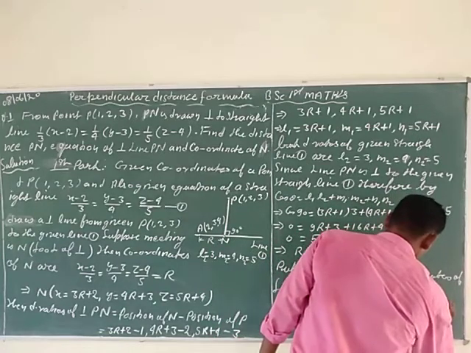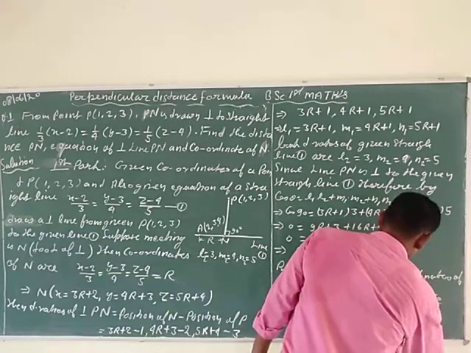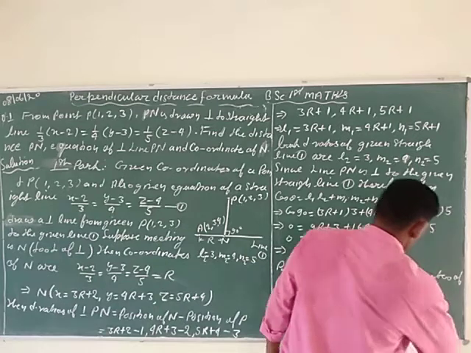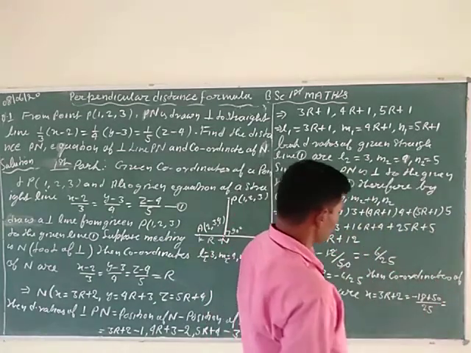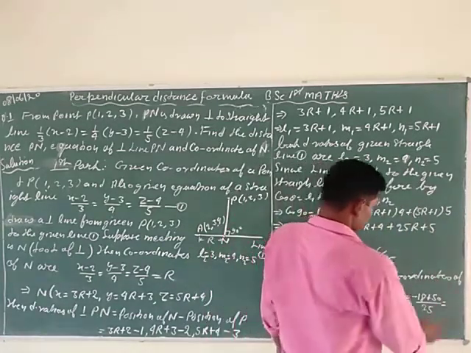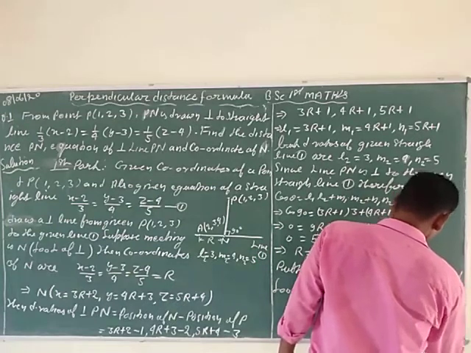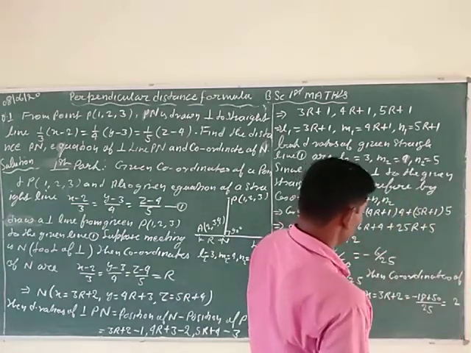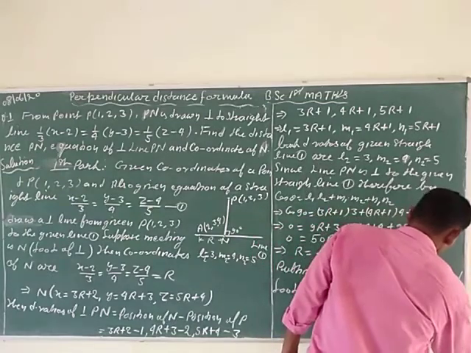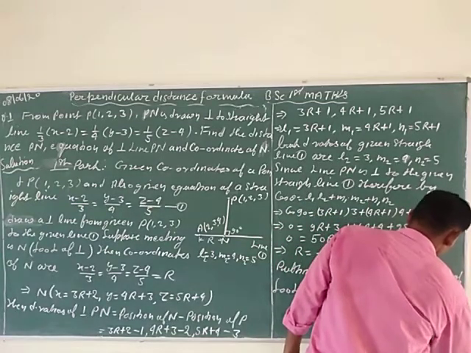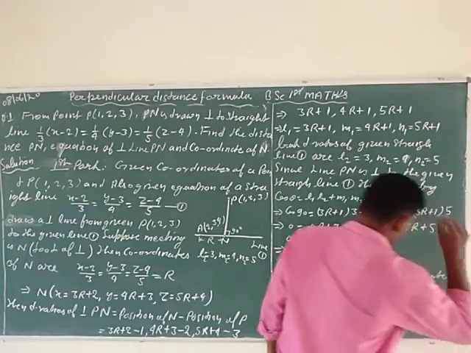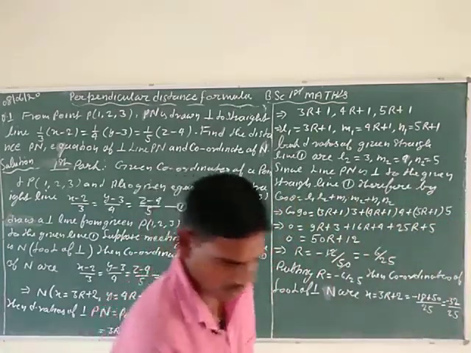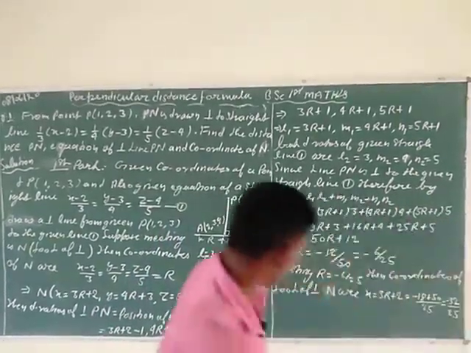So here write 50 minus 18 by 25. After simplification, 50 minus 18 is 32, so 32 by 25. This is the value of x.